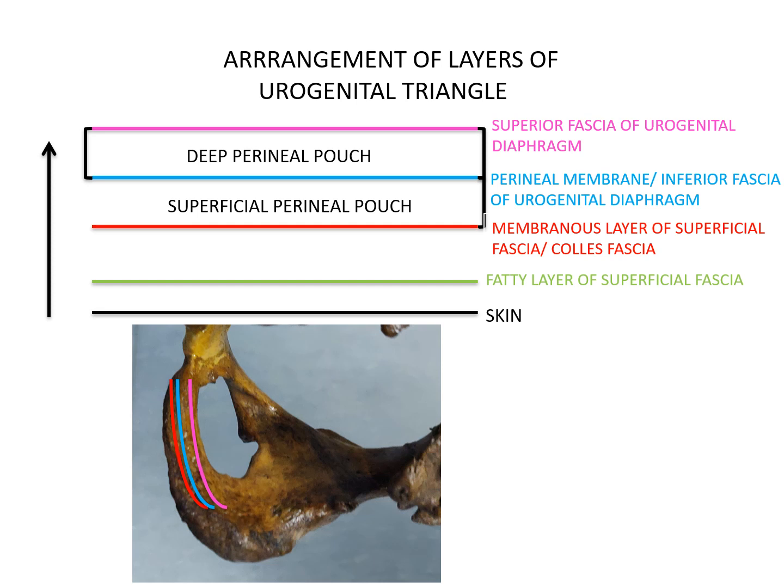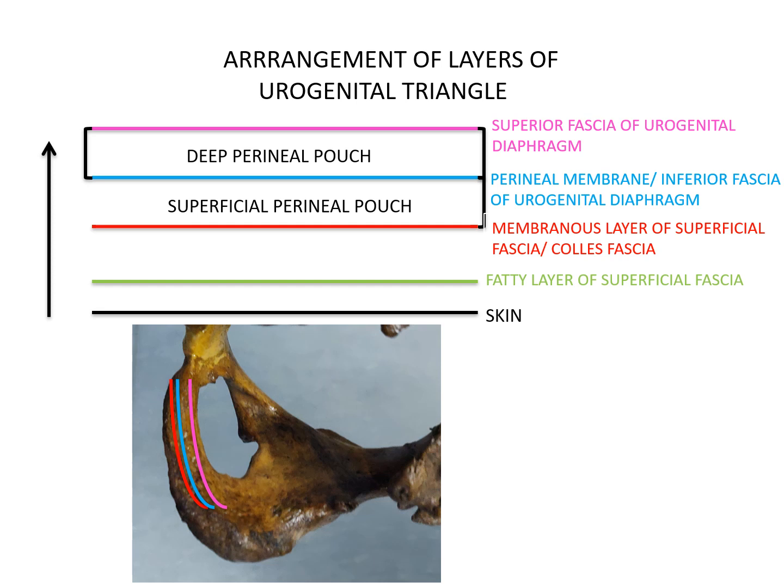If you carefully observe this diagram, the three layers, the Colles fascia, the perineal membrane, and the superior fascia of the urogenital diaphragm, are attached to the conjoined ischiopubic rami on both sides. The Colles fascia is attached to the inferior margin of the ischiopubic rami. The red line indicates the attachment of the Colles fascia.